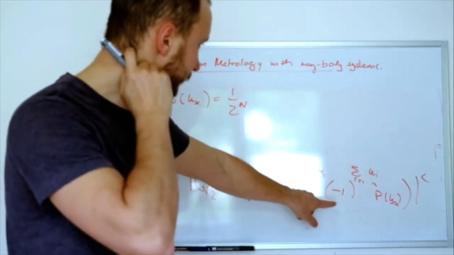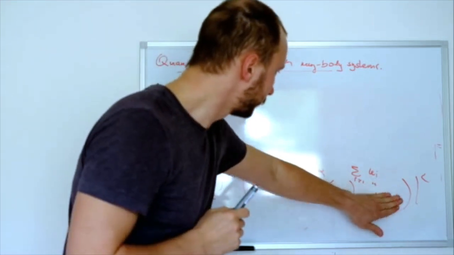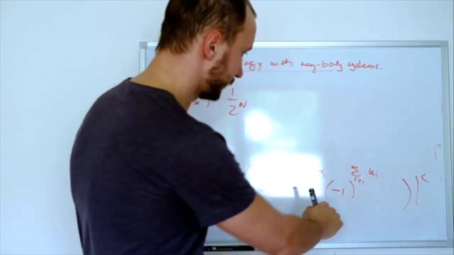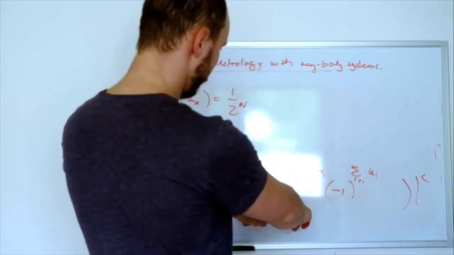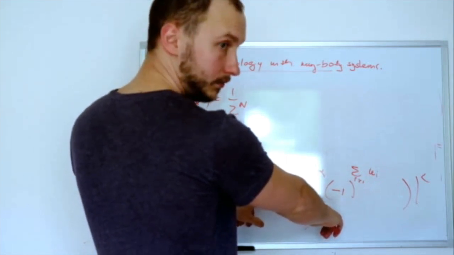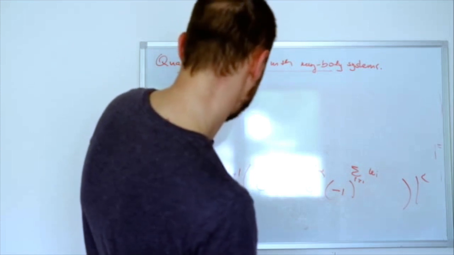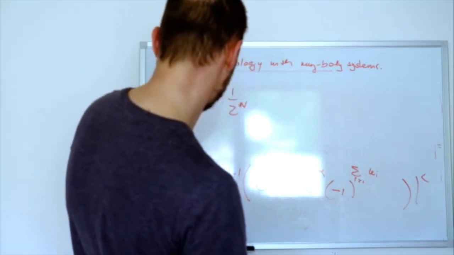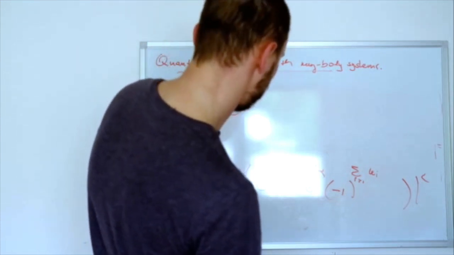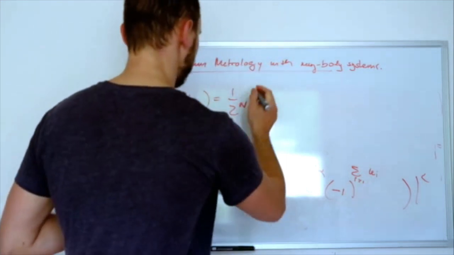And you see that depending on the sign here, we get either the cosine, so if this minus 1 is not there, this is a cosine divided by 2, cosine squared, or the sine squared.